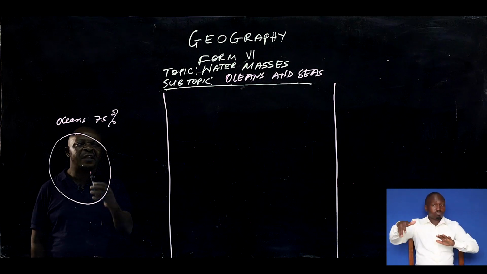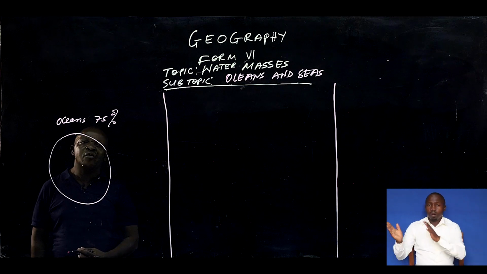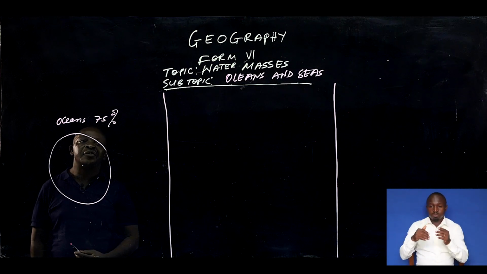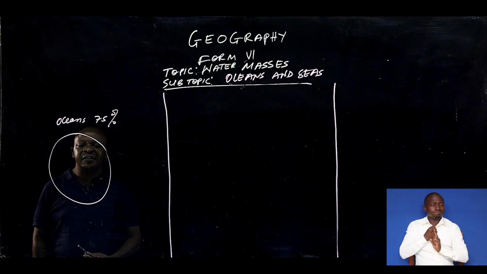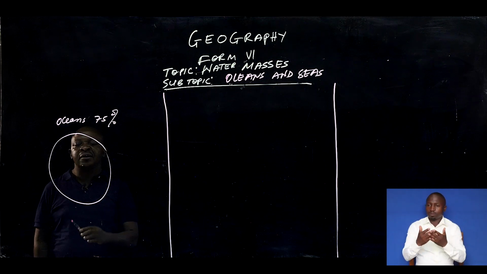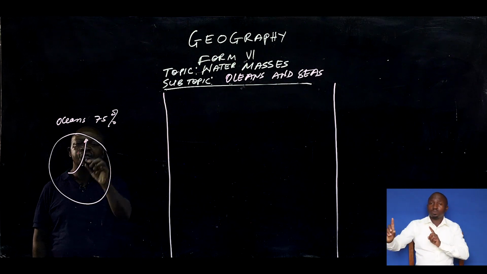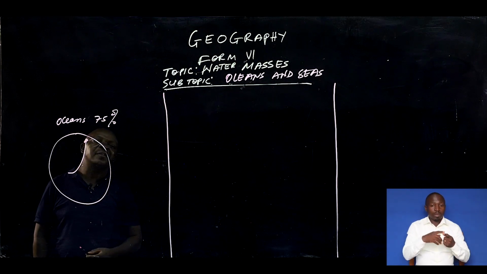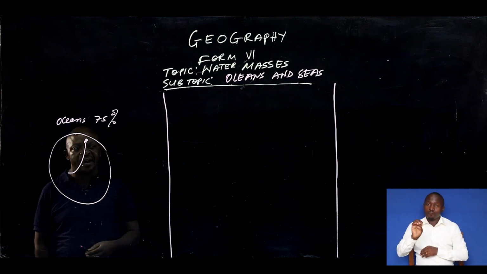The surface of the Earth is subjected to global wind systems. Such global wind systems generate powerful forces which set water masses to move over greater distances. So the movement of such water masses is what we used to call ocean currents.